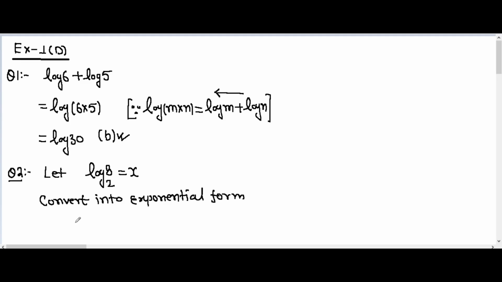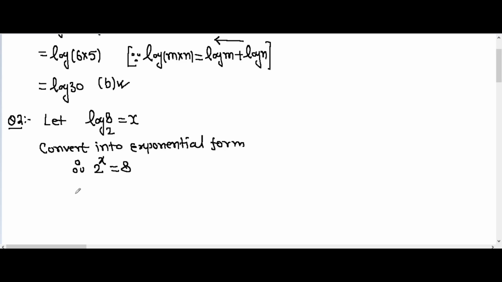If we convert it into exponential form, then it is written as 2 raised to x is equal to 8. And 8 is written as 2 raised to 3. So since 8 is equal to 2 raised to 3.